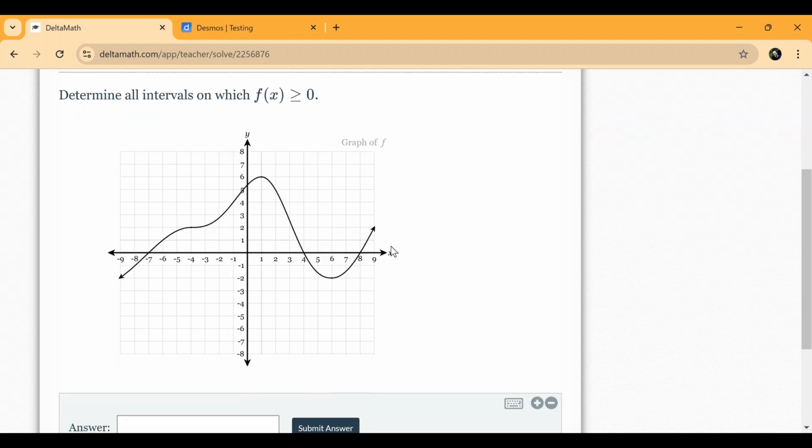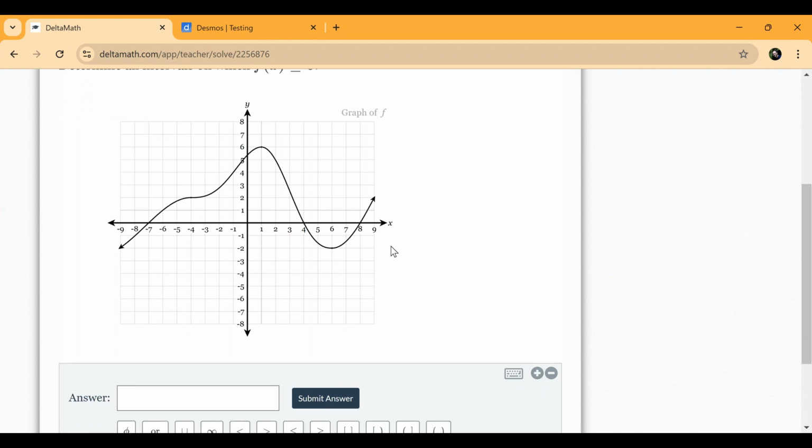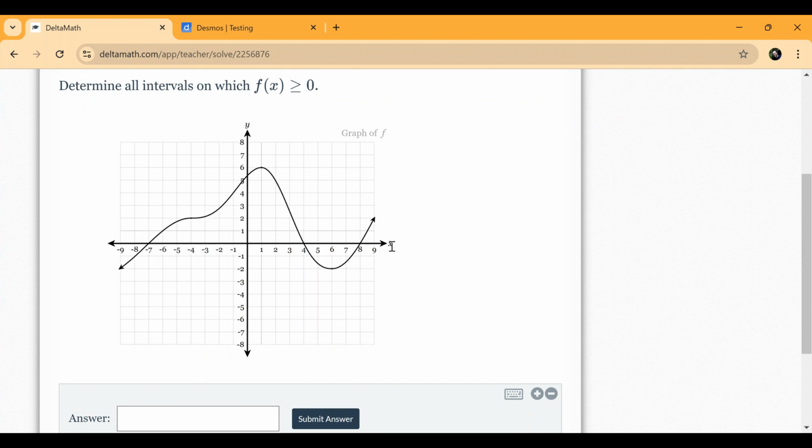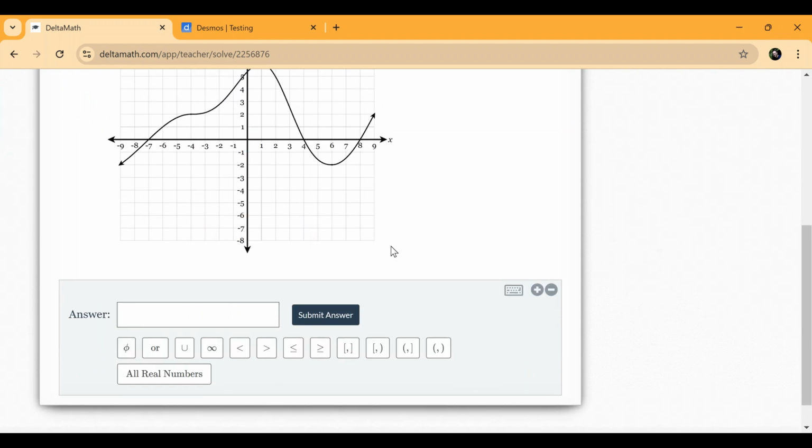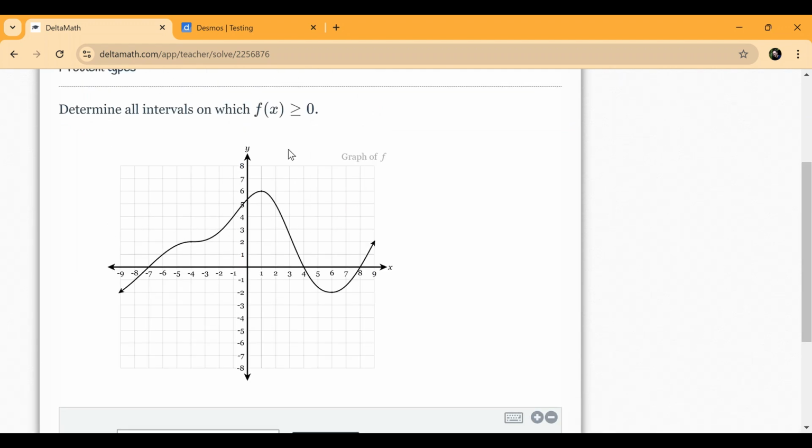But there is a different way we can write intervals. We can use just standard comparison notation where we're using less than signs and greater than signs. So when does this graph first become positive? Well, it's switching from negative at the beginning to positive at the number -7.